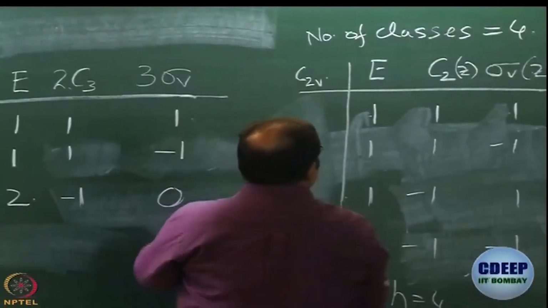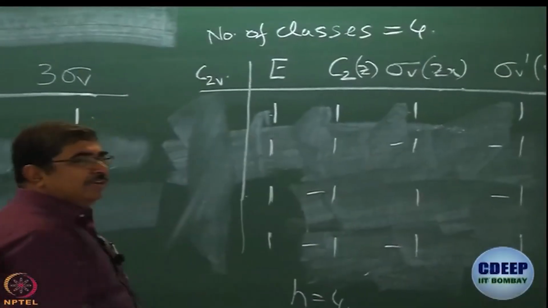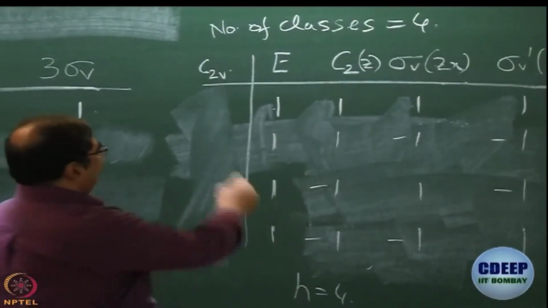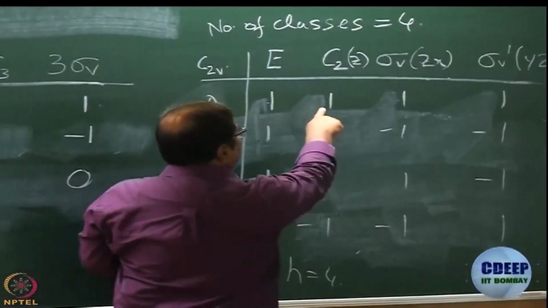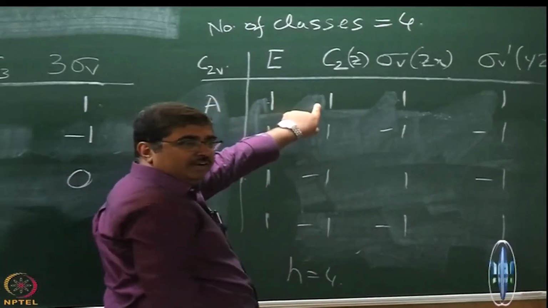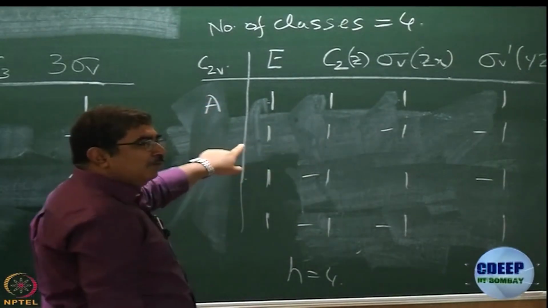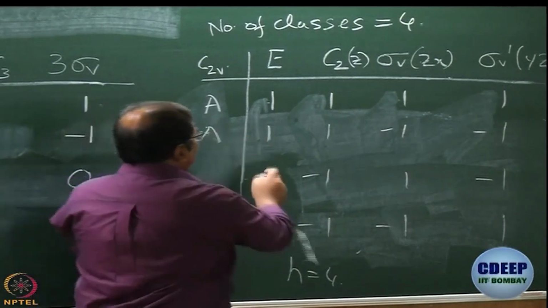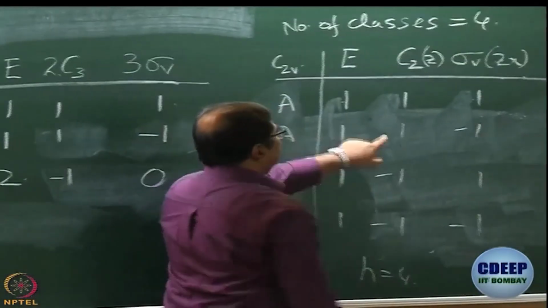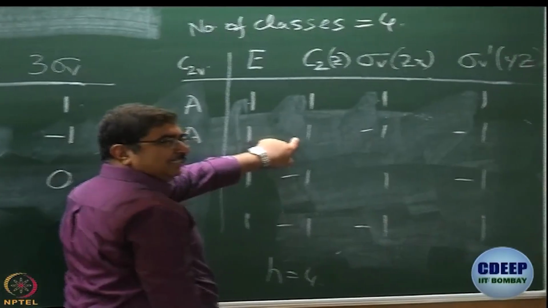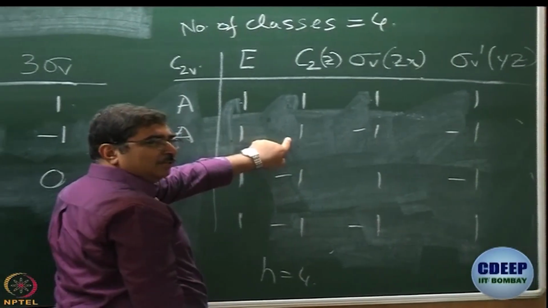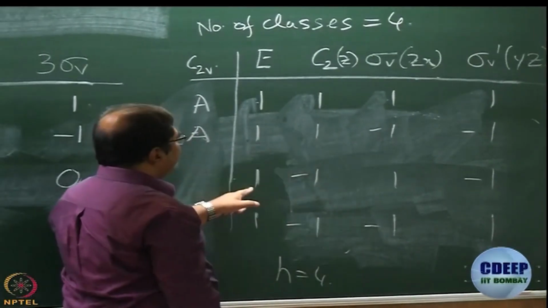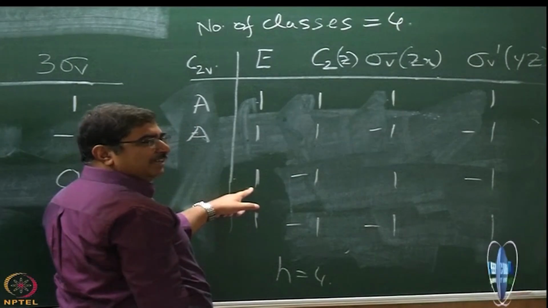For C2v, what will the first one be? Is it A or is it B? A. Why? Because the character of C2 is 1. For gamma 2, will it be A or will it be B? A. Why? Because this symmetry species is symmetric with respect to the C2 operation. For the third one, will it be A or will it be B?